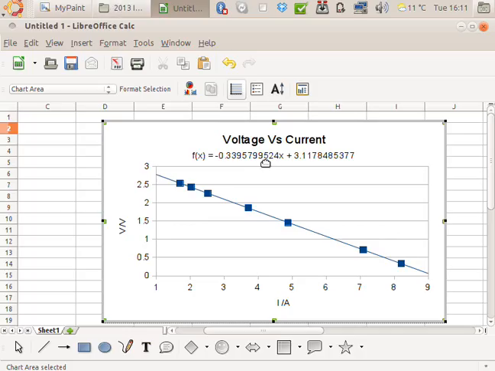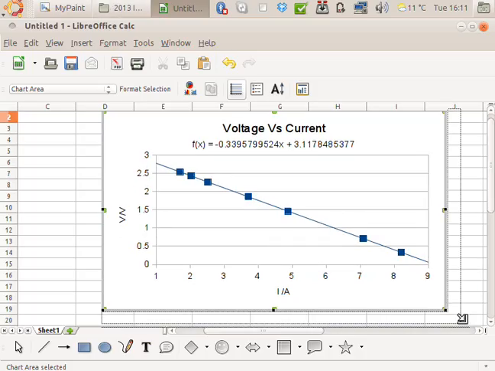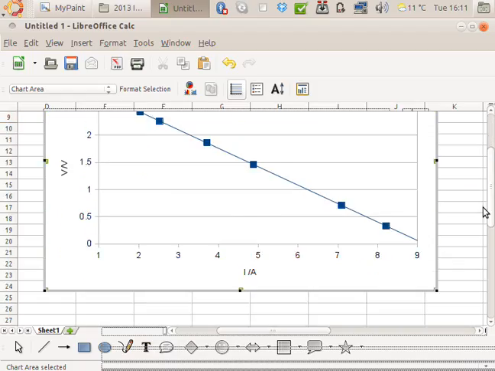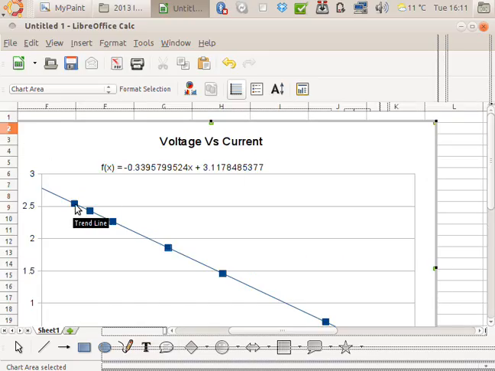If I look at this graph, it seems to be about 2.75, but if you actually look at the formula here, it's 3.11.